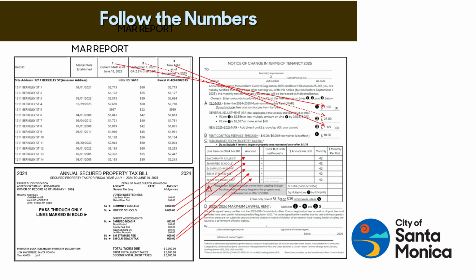Follow the numbering system set up for you. Columns that are numbered 1, 2, and 3 on the MAR report correlate to lines 1, 2, and 3 on the board's form for noticing rent increases. The 5 items off the property tax bill correlate to lines 5A, B, C, D, and E on the increase notice.